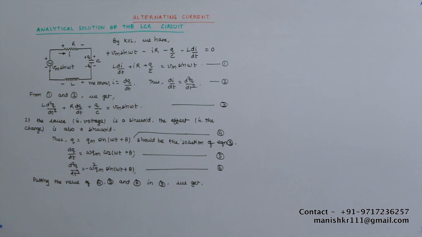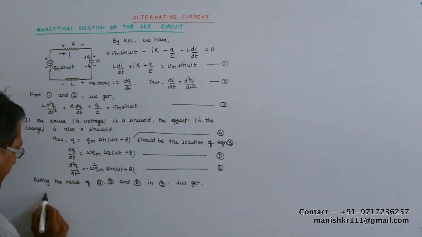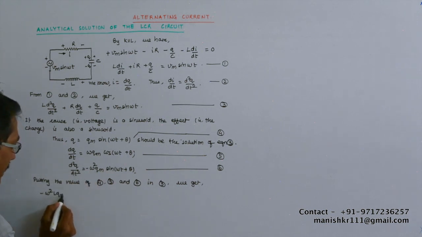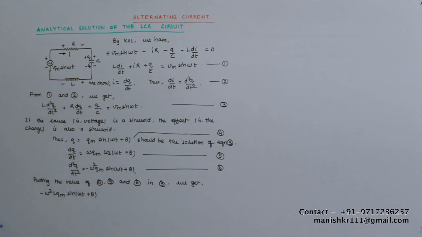What do we get? We get L multiplied by this. So this becomes minus omega square L qm sine omega t plus theta. Is it not? This I have put here.